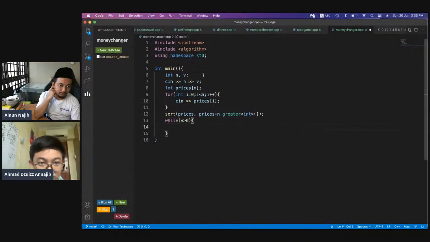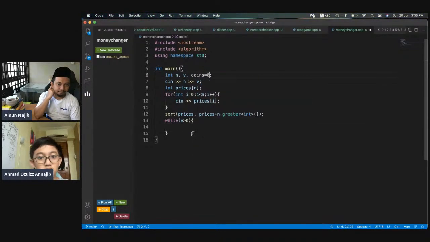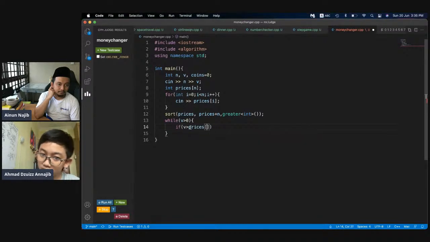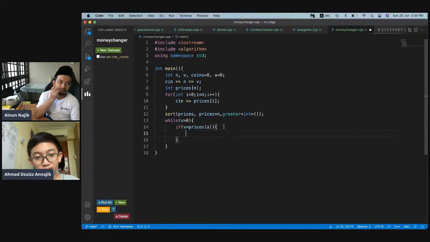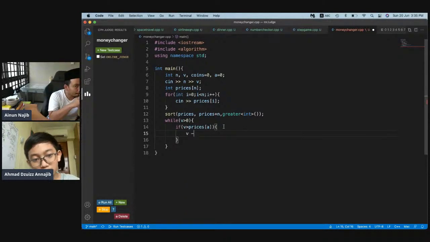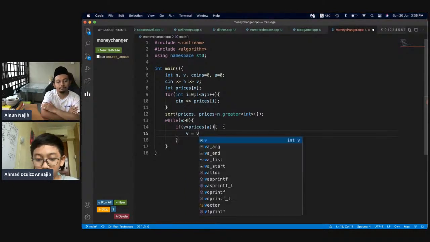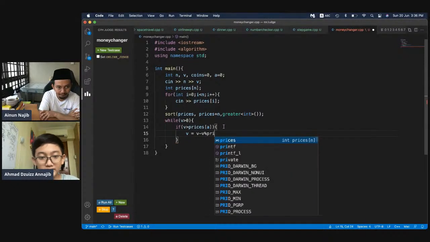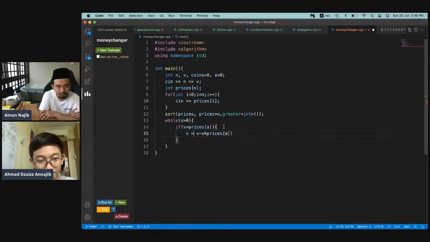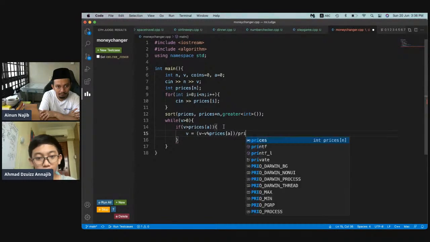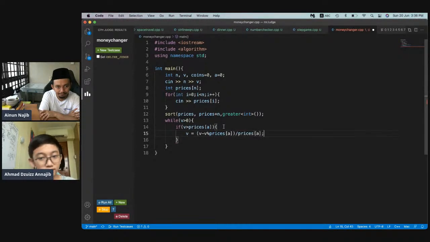While v is greater than zero, and then we get an integer coins for zero. If v is greater than prices[a], then v equals v minus v modulo prices[a], and then we divide by prices[a].